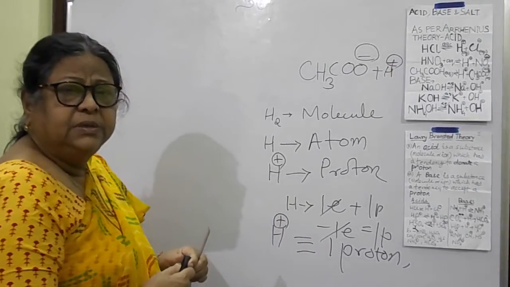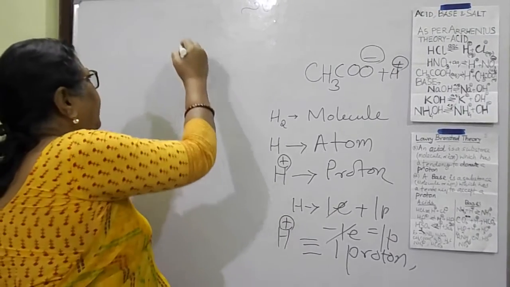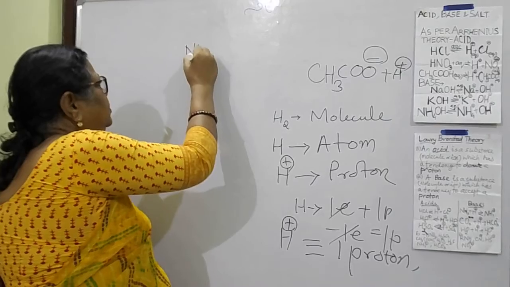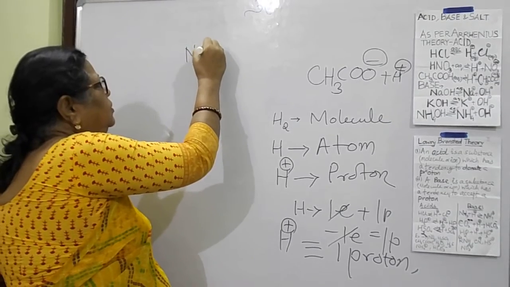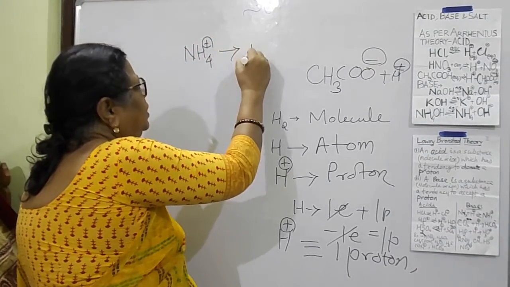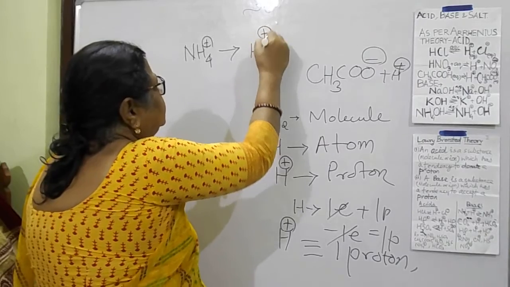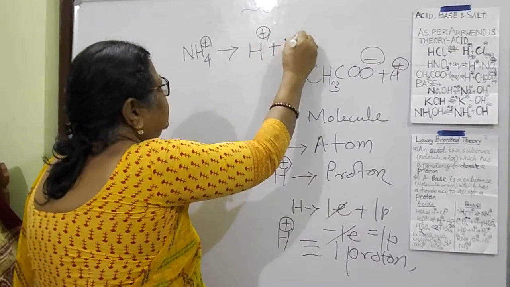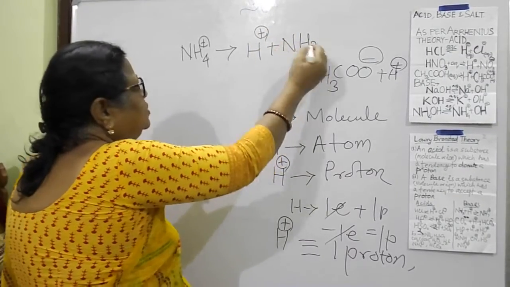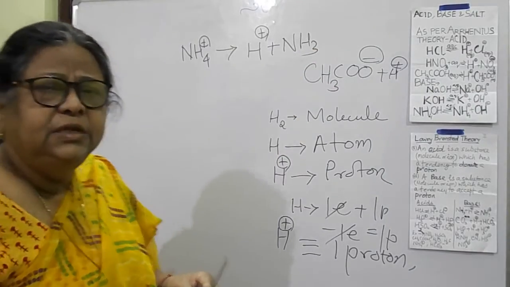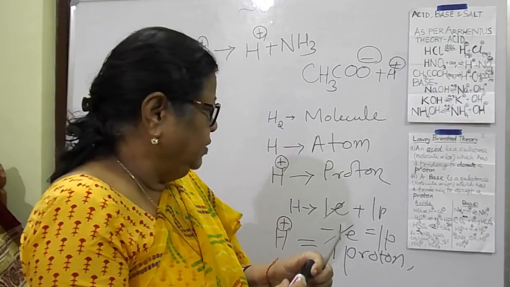How does NH4 plus donate one proton? Suppose it gives H plus; this is treated as one of the acids as per Lowry and Bronsted theory.